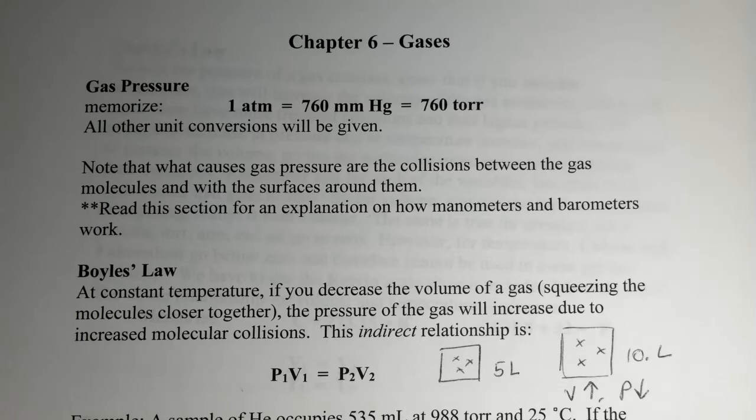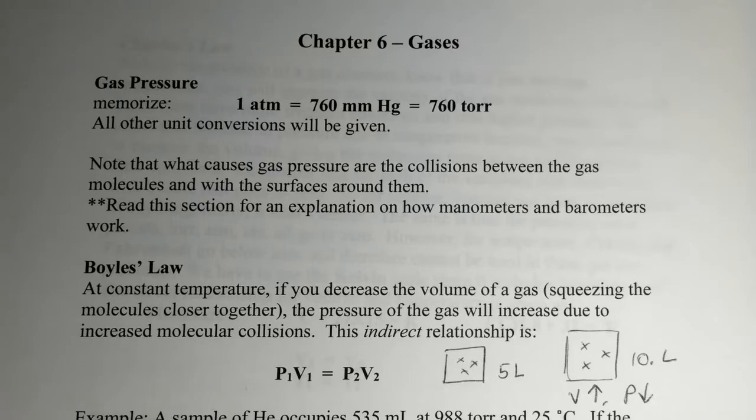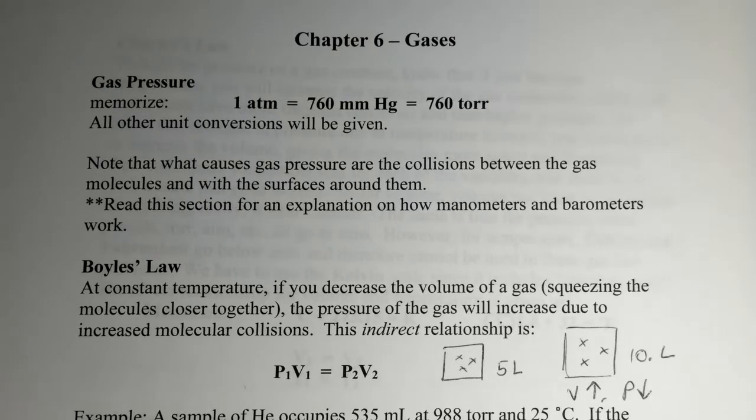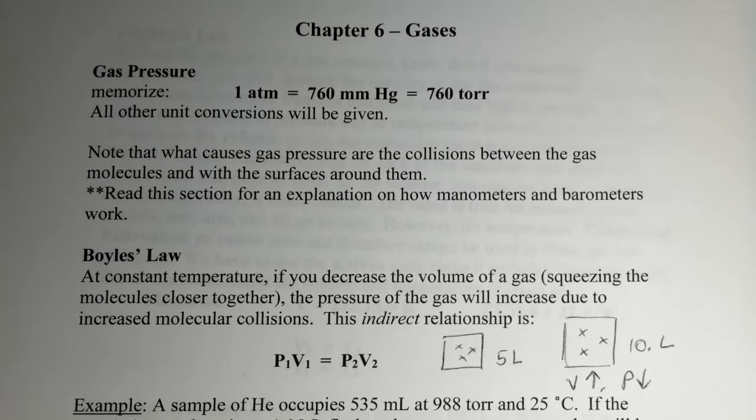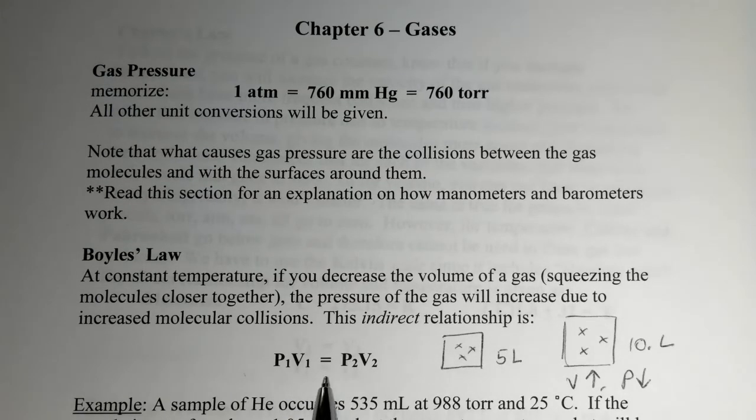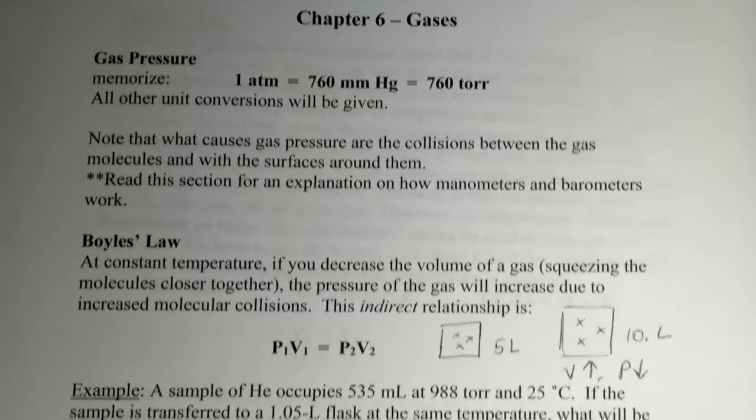And pressure is really a measurement of molecular collisions. So the more space you give the gas molecules, obviously the less they collide with each other, and the less they're going to collide with the walls of the container. So as volume goes up, pressure goes down. That is an indirect relationship, and that is captured in Boyle's law, which is P1V1 equals P2V2.